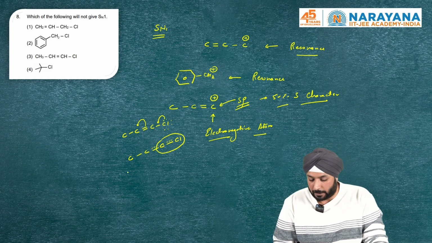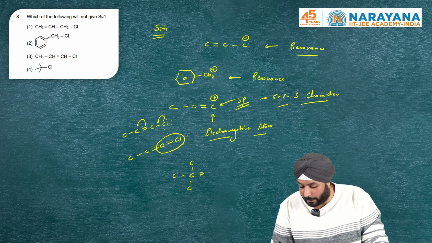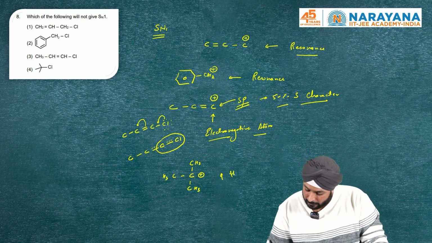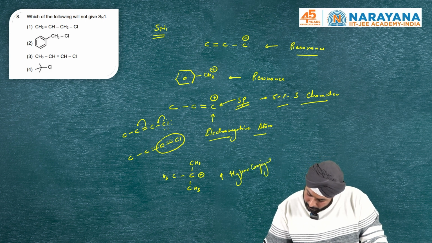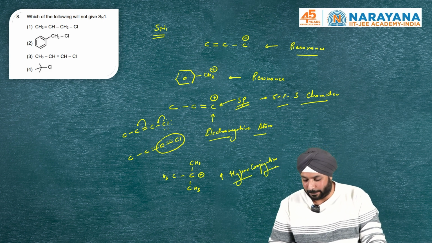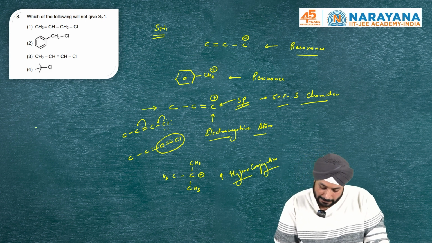For tertiary butyl, remove Cl minus, put a positive charge over there. You know that this positive charge will be stabilized by 9 hyperconjugation structures, and because of that it is highly stable. So clearly the answer is the vinyl type system. So the answer is 3.